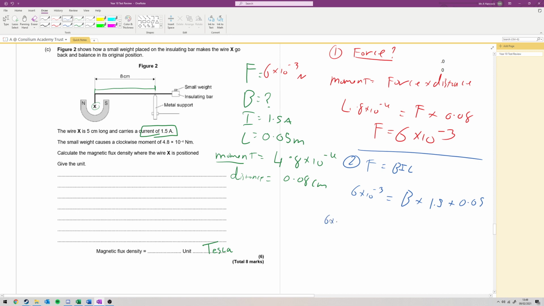So I've got 6 times 10 to the minus 3, taking it in stages still, equals B times 0.075. I need B equals, so I divide both sides by 0.075. So 6 times 10 to the minus 3 divided by that gives me an answer of B equals 0.08 teslas.